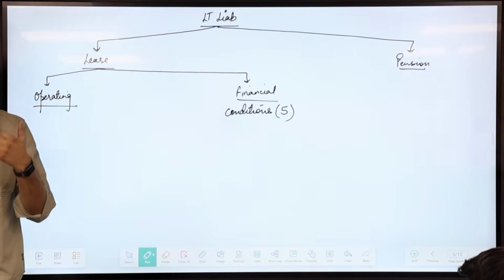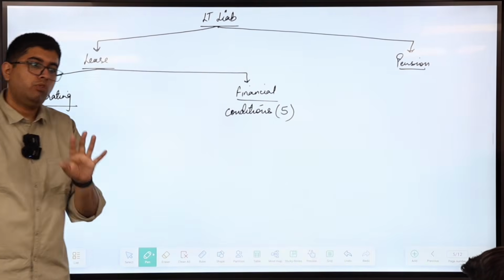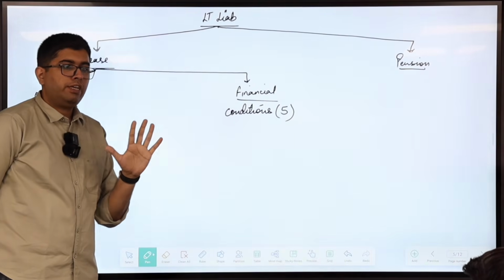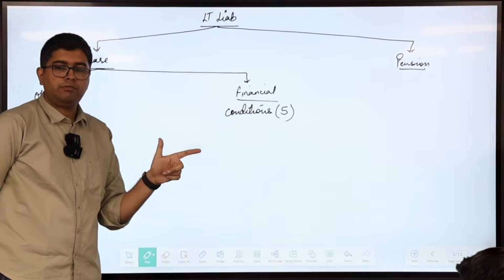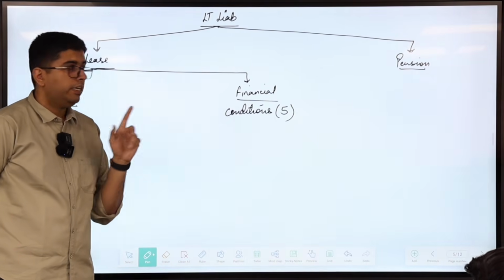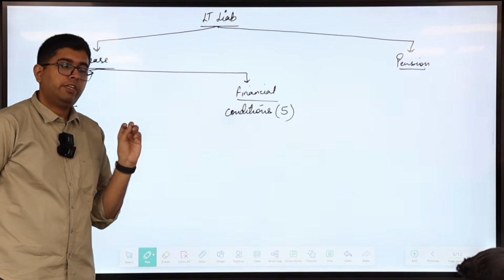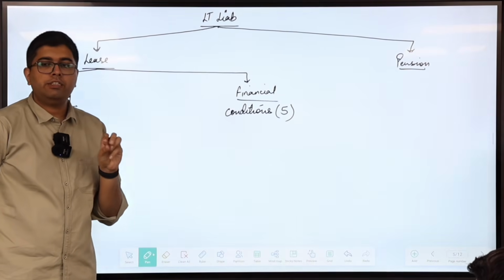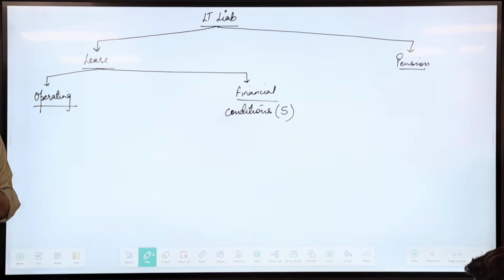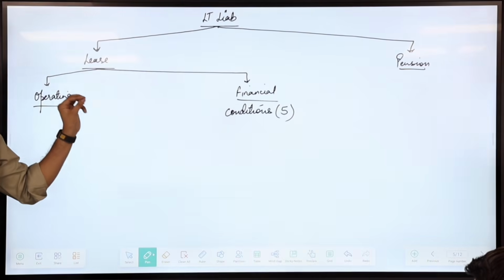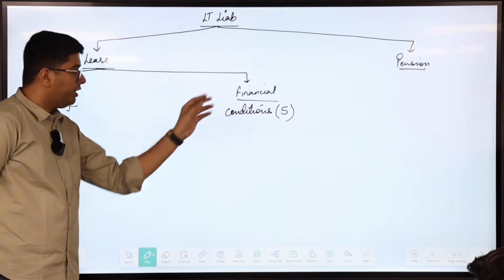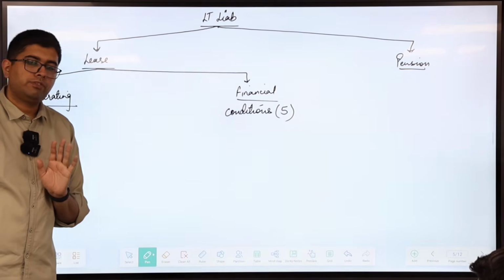This discounted price will not be available to anyone else in the market, only to the lessee. And fifth and final condition, the lessor has no use of the asset. The fifth condition is primarily the reason for sales type lease. That is why the sales type lease is also given the same treatment as a financial lease.